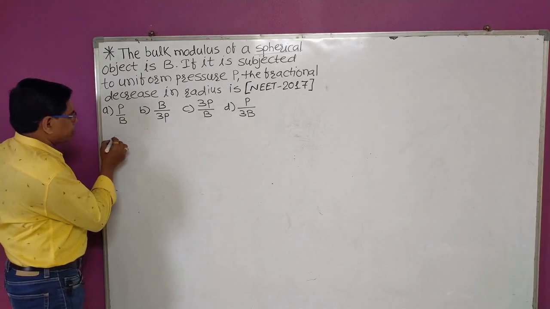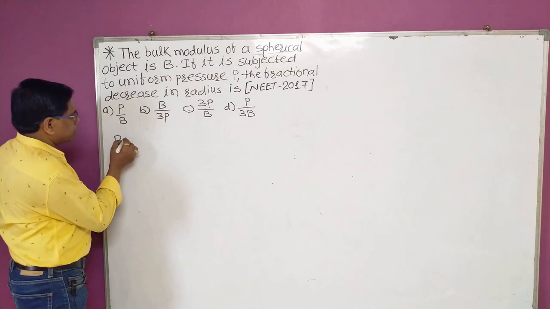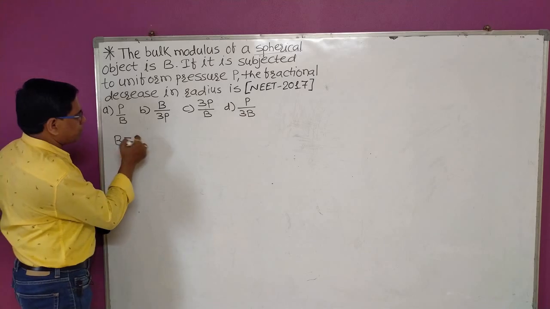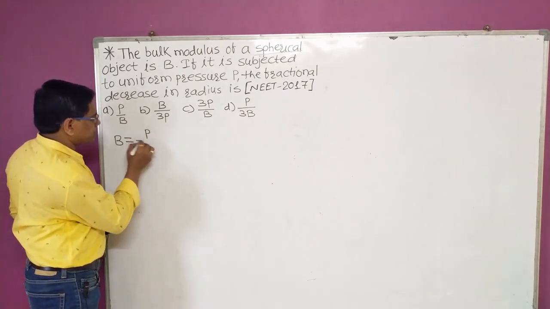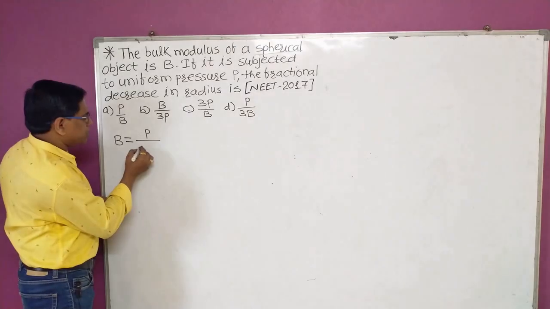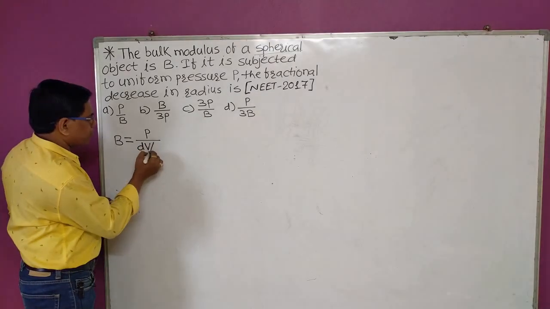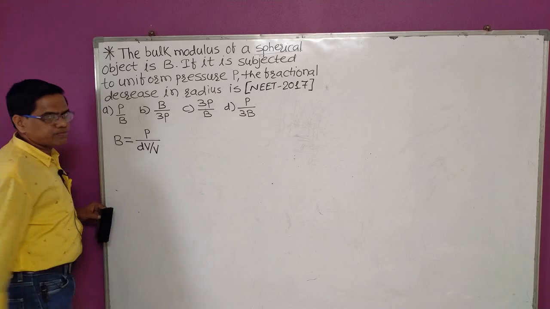We all know that bulk modulus is equal to bulk stress upon bulk strain. Bulk stress is pressure and bulk strain is change in volume upon original volume.